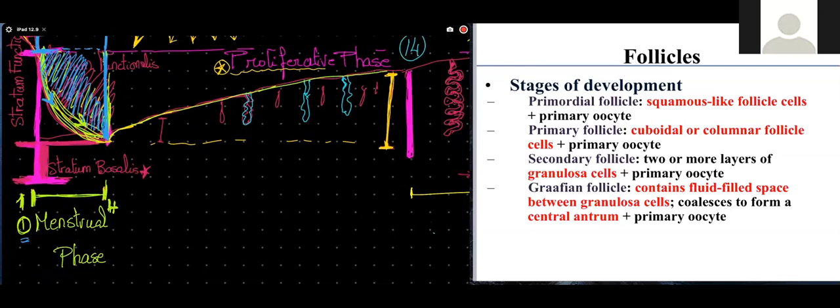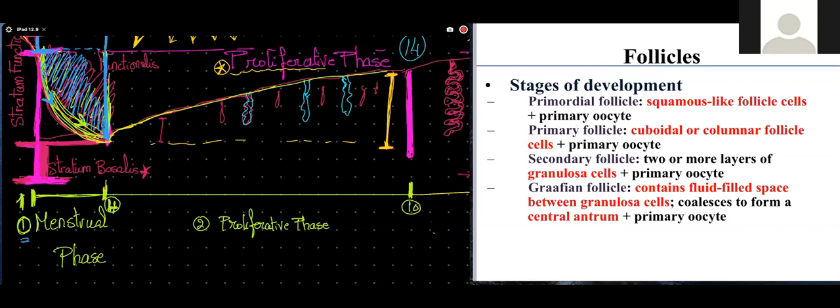So we call the phase of the menstrual cycle that lasts for around 10 days, from day 4 to day 10 of the menstrual cycle, when the proliferation of the stratum functionalis is taking place, the proliferative phase.